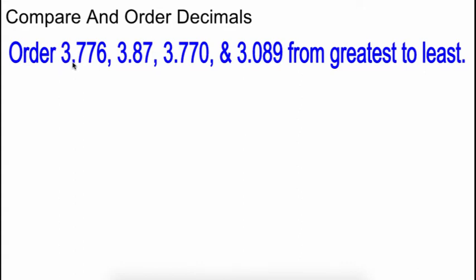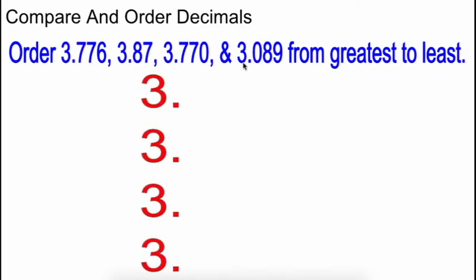In the first number, 3 and 776 thousandths, the ones place is 3 ones. The second number is also 3 ones. The third number is 3 ones, and the fourth number is 3 ones. So in the ones place, all of the numbers have 3 ones, so we still don't know which one is the biggest.